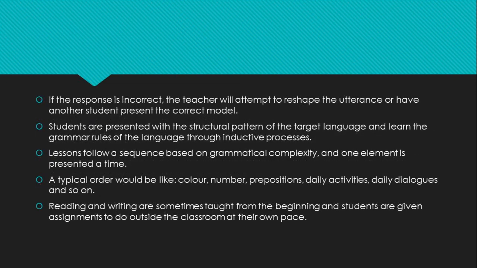If the response is incorrect, the teacher will attempt to reshape the utterance using gestures. She will convey the idea that the response was incorrect, and she will motivate the student to reshape the utterance. Or she will ask another student to present a correct model of pronunciation.